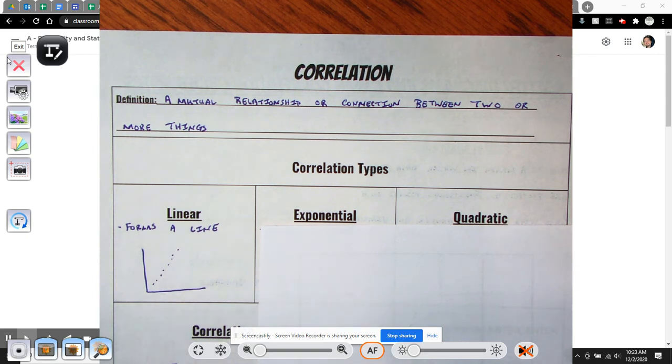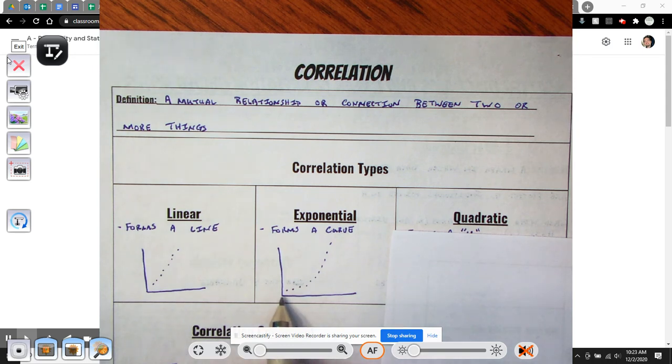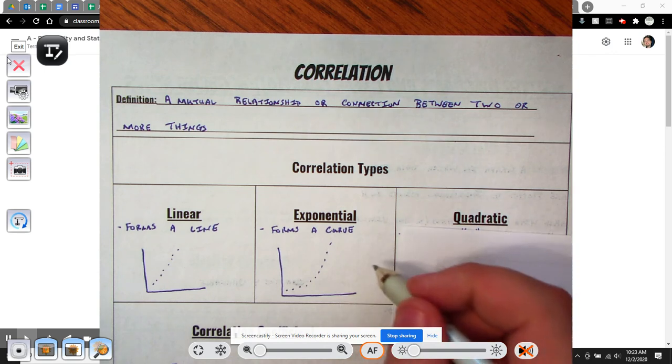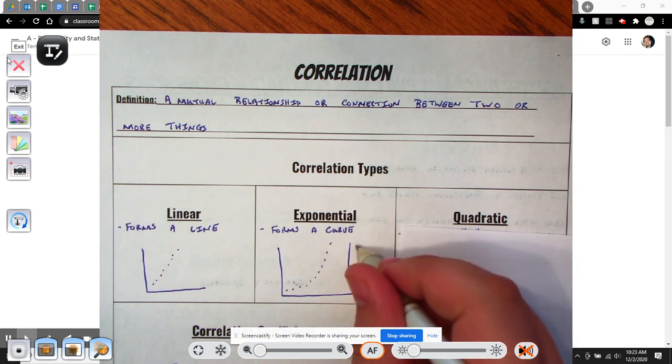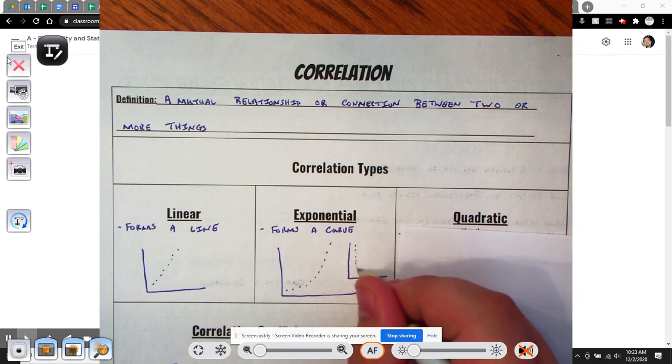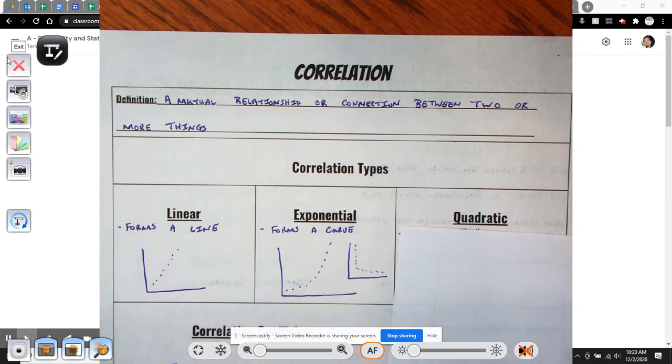Exponential, just like how we looked at in algebra, forms a curve. So the curve could either start off going slow and then shoot up, or it could dramatically shoot down and slow off. These are examples of exponential.